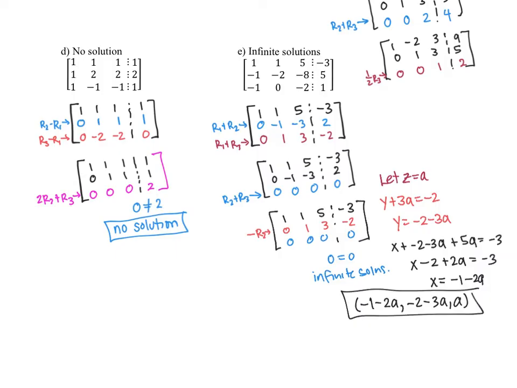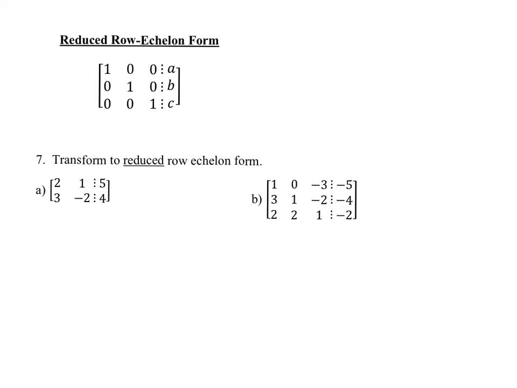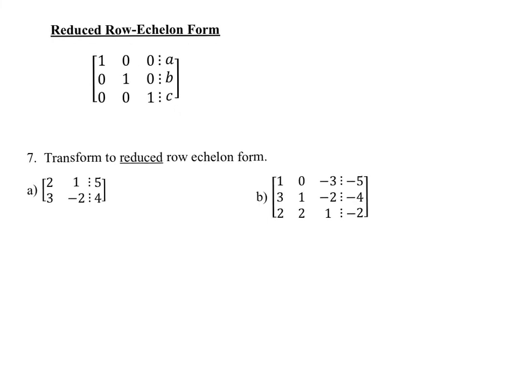Okay, next we're going to switch to reduced row echelon form because that's really the nice version that we like to work with. Okay, reduced row echelon form looks like this. So we have the zeros down here, and we have the zeros up here, and we have this diagonal of ones. This matrix on the left with the 1 0 0, 0 1 0, that pattern is called the identity matrix.